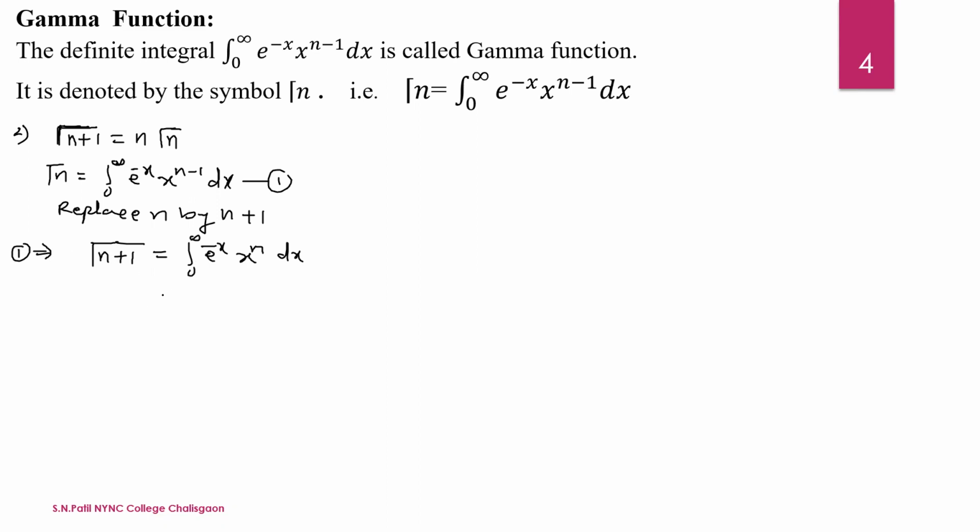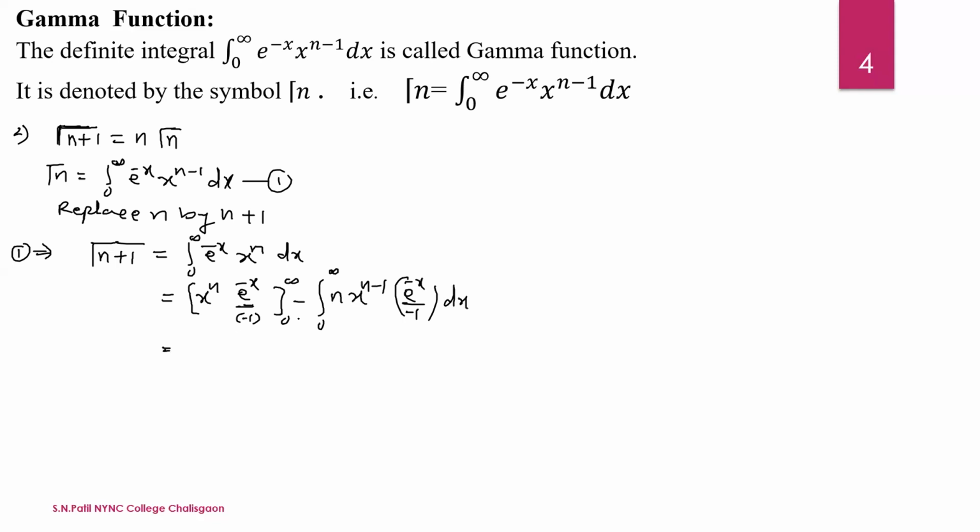Now in the right hand side, we apply the by parts rule. That is, x raised to n as it is, times the integration of e to the power minus x, which is e to the power minus x divided by minus 1, minus the integral of the derivative of x raised to n, which is n x to the n minus 1, times this same integral, that is e to the power minus x divided by minus 1, dx.